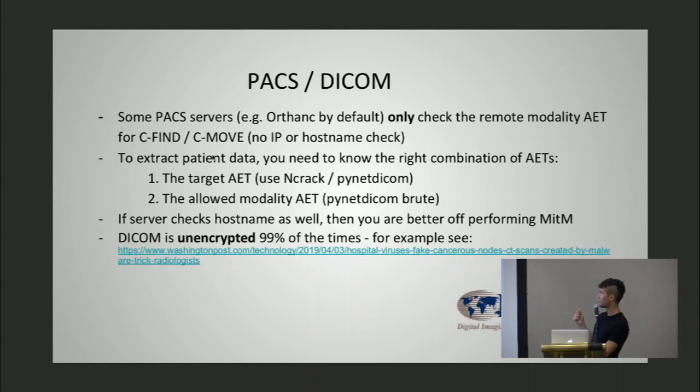And one of the problems, which we also demonstrated at the DEF CON Biohacking Village last year in the Capture the Flag, was that the application entity titles, which are the only thing PACS servers use as a sort of authentication, are really easily brute forceable. There are two parts to it. First, the target application entity title.